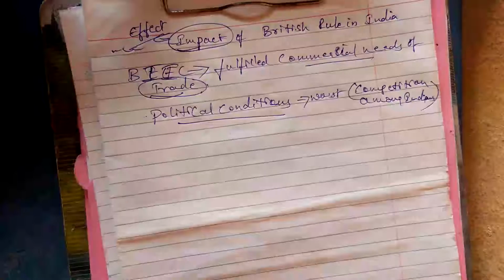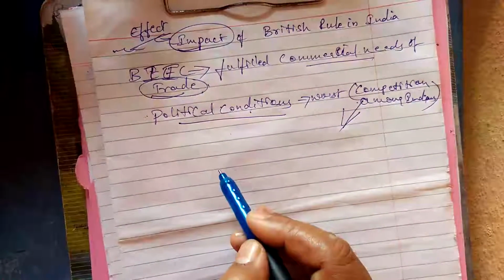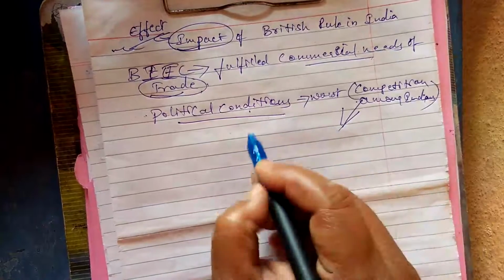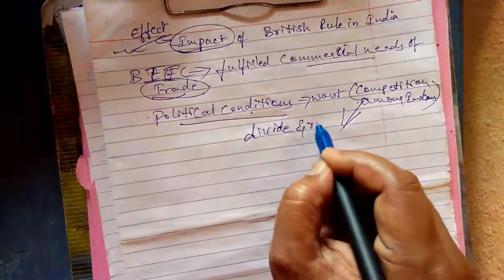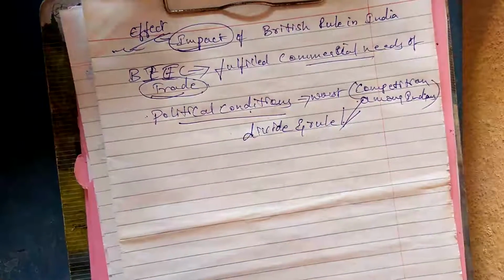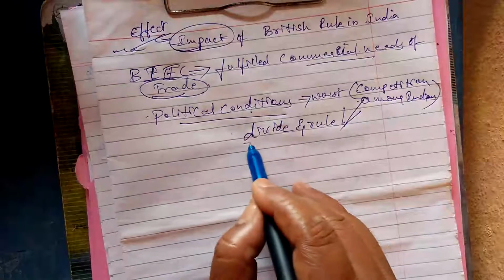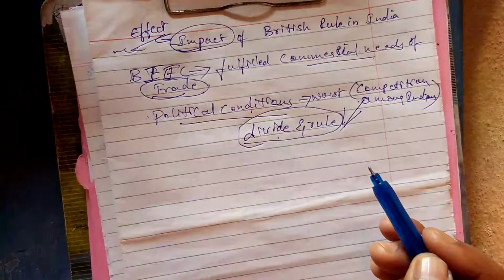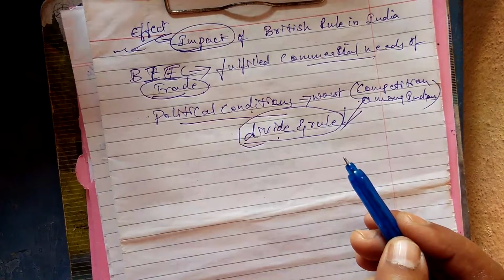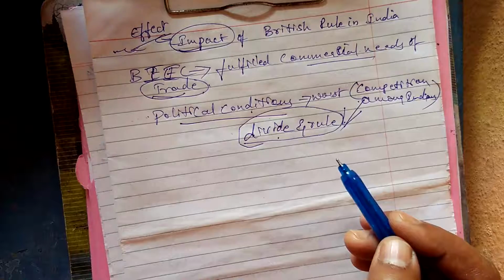Once the British came to know about the competitions among Indians, they decided to introduce the policy of divide and rule. Now, what is this divide and rule? Here, they started creating issues among Indian rulers, which later led to the downfall of a number of industries.